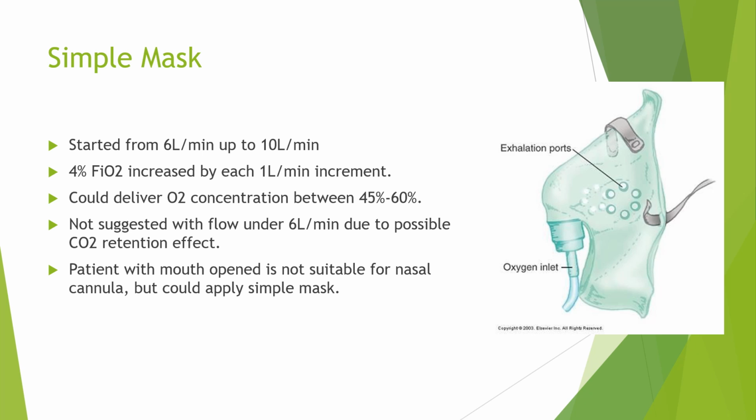It's the same here: FiO2 increases by 4% for each 1 liter per minute increment, and it could deliver an O2 concentration between 45% and 60%. We suggest no flow under 6 liters because it could have a carbon dioxide retention effect.